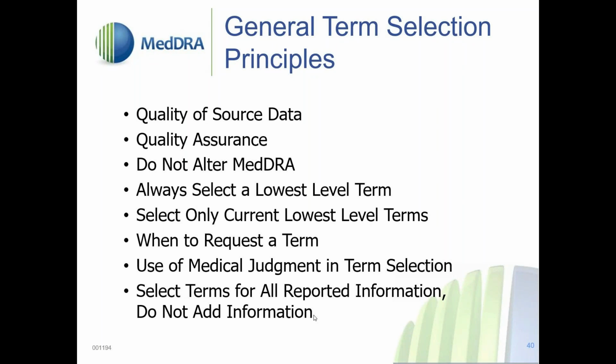When to request a term, that one should use medical judgment when doing term selection, and to select terms for all reported information, to not add information, but not to subtract relevant information as well. And we will address them one by one in the next few slides.